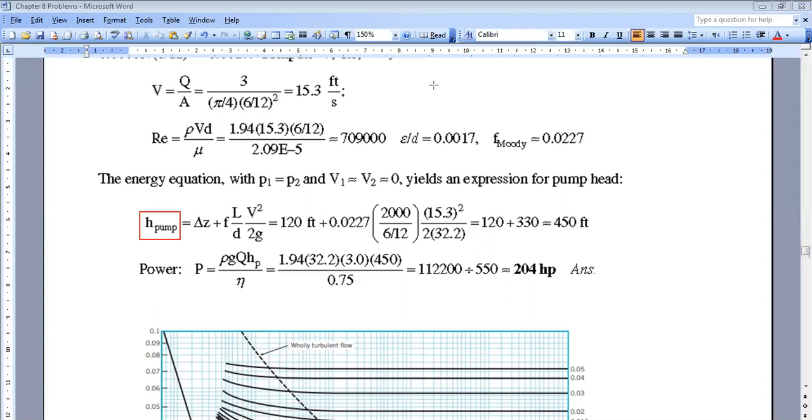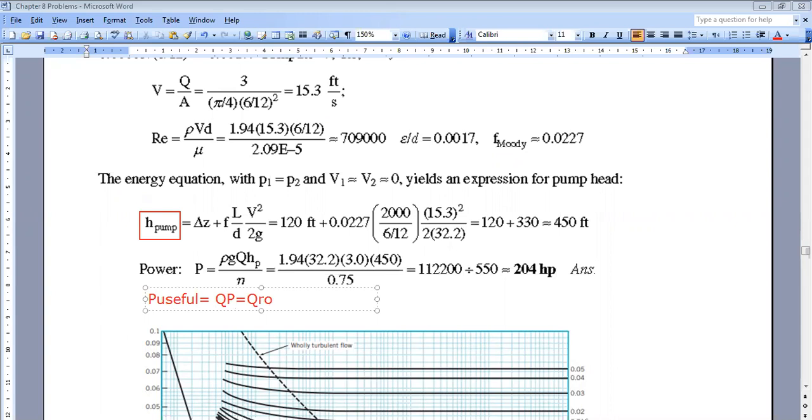If you remember last time, we said that the useful power, P useful, of a pump is equal to gamma times Q times H. It's Q times a pressure, and the pressure here is rho G H, the hydrostatic pressure.